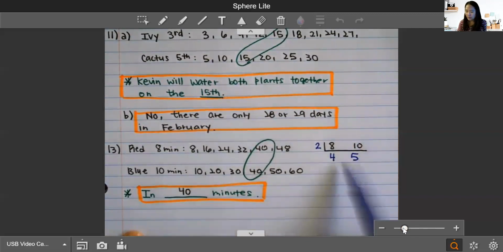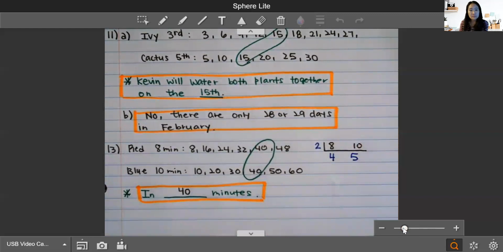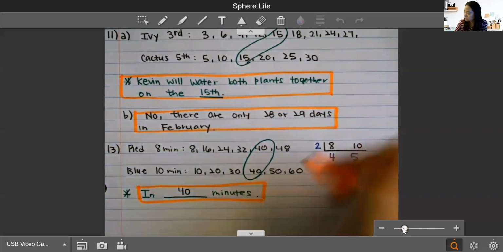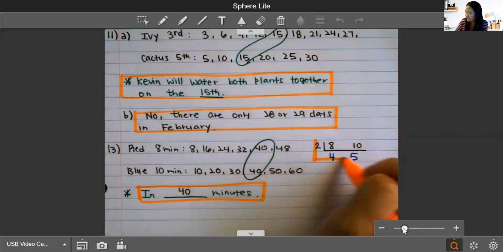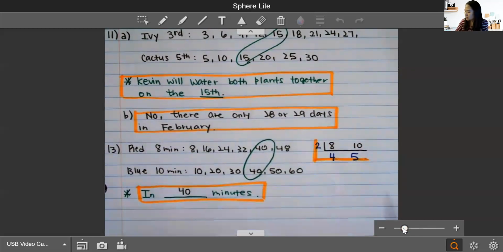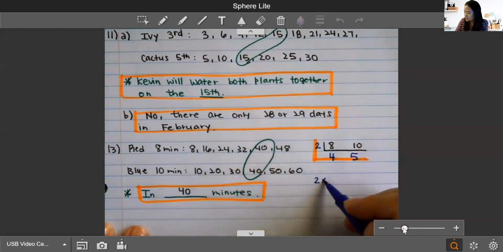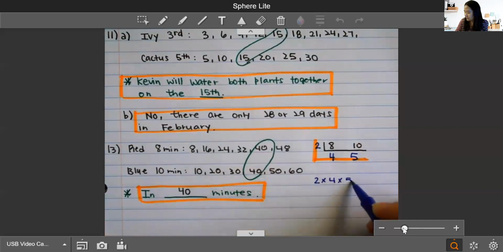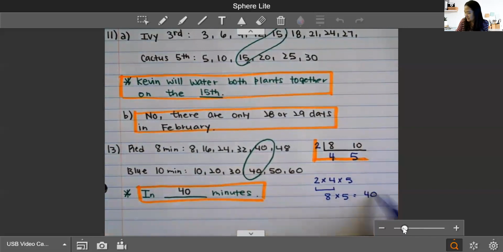Since I have 4 and 5, there are no other common factors but 1. So I stop and I multiply my L, my side and my bottom. So 2 times 4 times 5. 2 times 4 is 8. 8 times 5 is 40. So you get the same answer, 40 minutes.